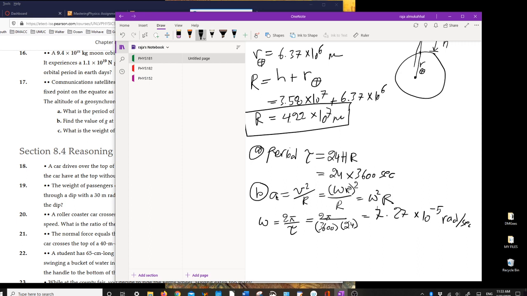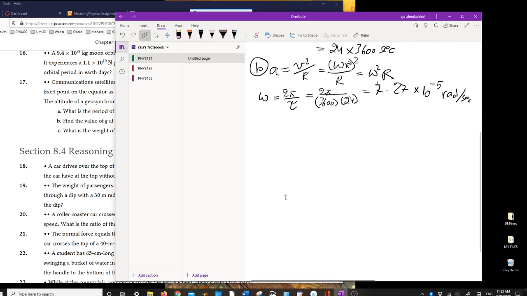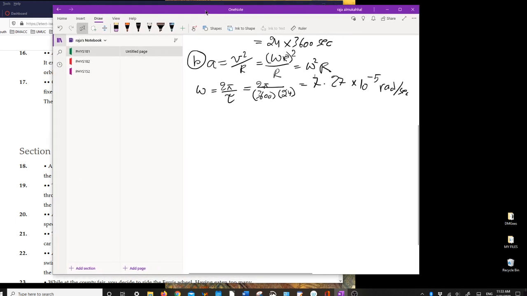Okay. So with this in mind, in this case I can go and calculate the acceleration, which is equal to omega squared r.